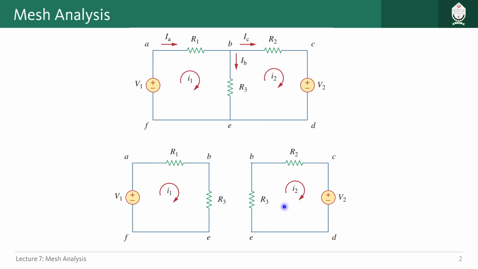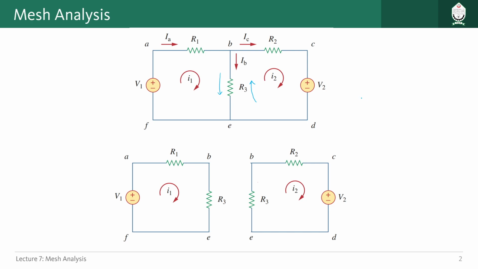Now when you think about that, what is the relationship between branch current and mesh current? Basically when you combine these 2 circuits, you are going to get this circuit, and what will happen through this resistor R3 is that there will be 2 mesh currents flowing through this resistor. One of them is this I1, going from top to bottom, something like this, and another one is actually I2, and this I2 current is going from bottom to top.